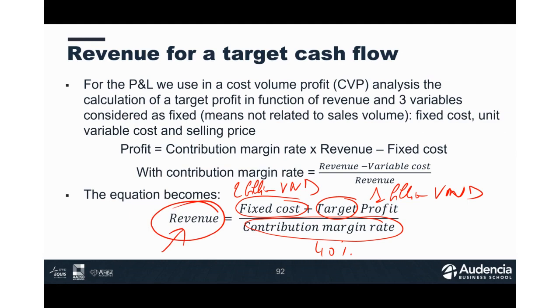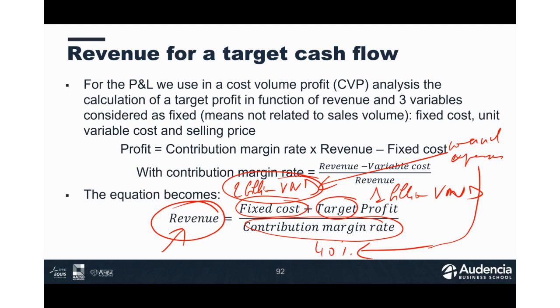If it's not possible, if the commercial department says it's not possible to sell all these products at this selling price and to have this revenue, maybe you will change the fixed cost in order to put some new commercial expenses or marketing expenses. Maybe you will change the variable cost because of the commercial expenses.